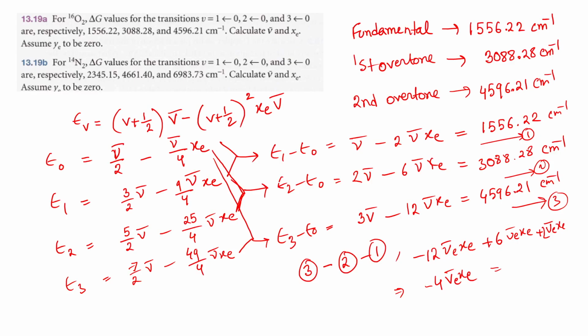But from here you will get something about xc, right? Then you can put that into any of the three equations, and from there get the value of nu bar. Once you get nu bar, you can calculate xc. With the same idea, you will be able to solve the next one, and not only the next one, but the rest of these two problems also.